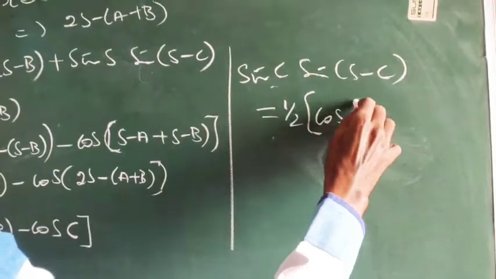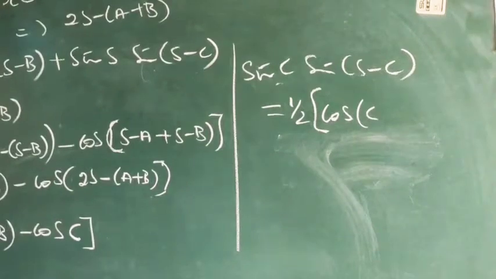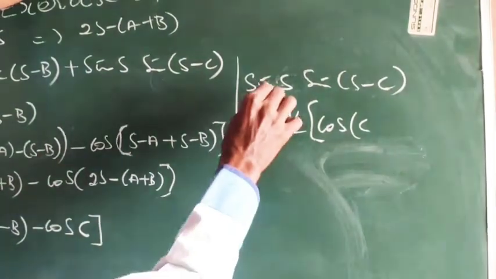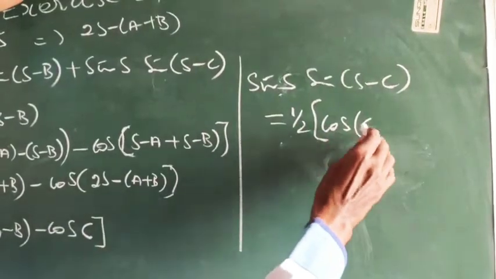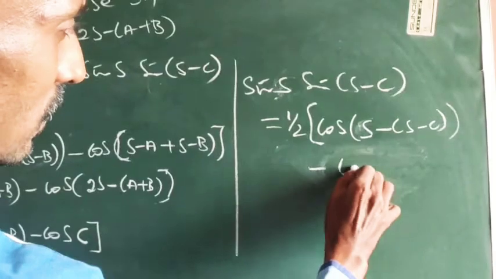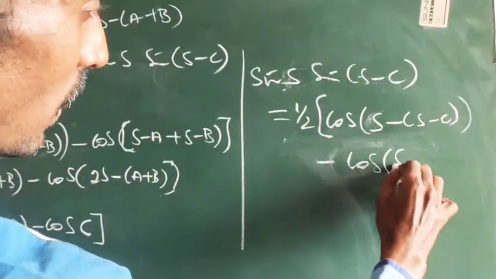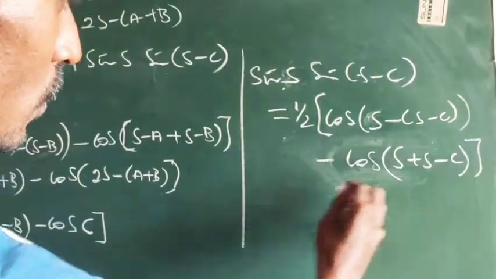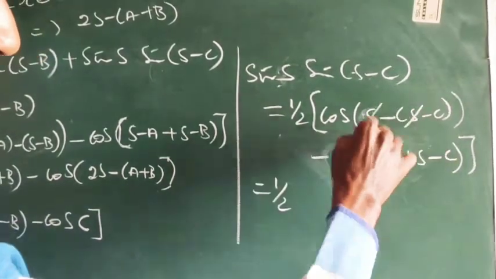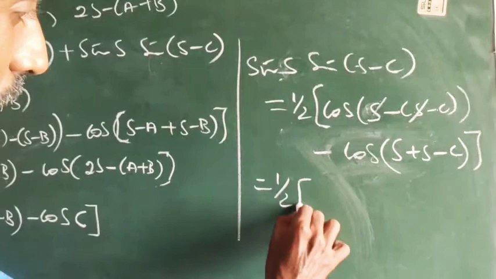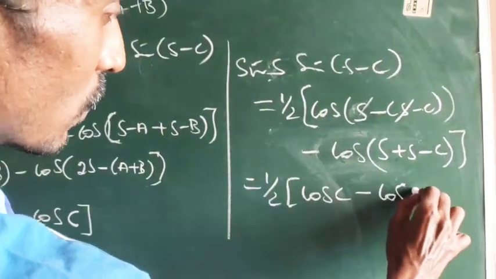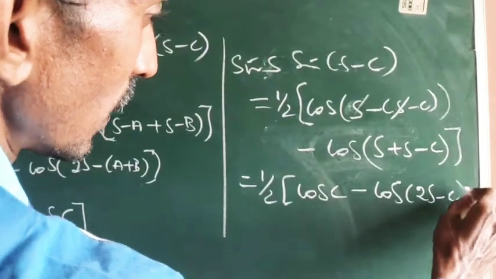So 1 by 2, the minus s plus s cancels, leaving cos c minus cos(2s minus c).